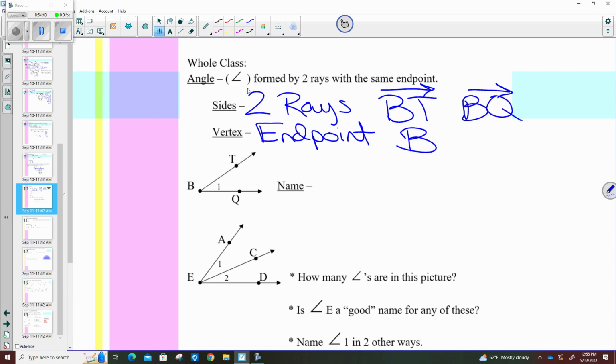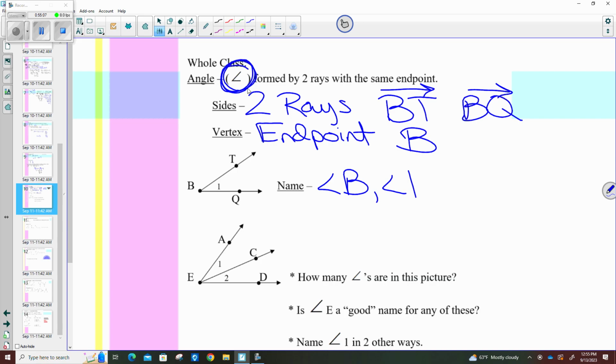When we name the angle, we can name it in a bunch of different ways. We can name it with the vertex only. So I can call this angle B. This little symbol here that I had up by the word angle, we put in front of the letter to show that I'm talking about an angle, not just a point. I could name it with the number, if there's a number in there. So I can name it angle 1.